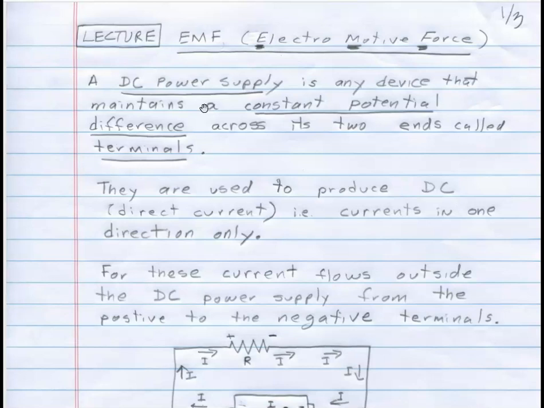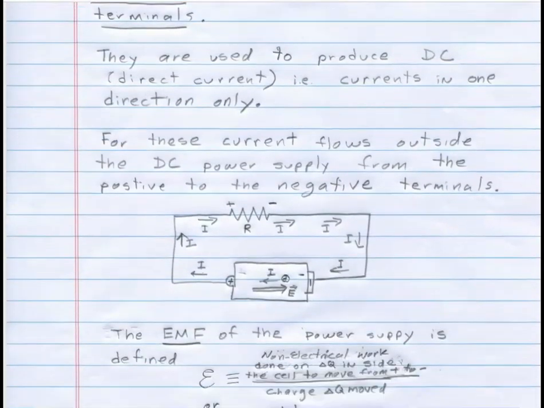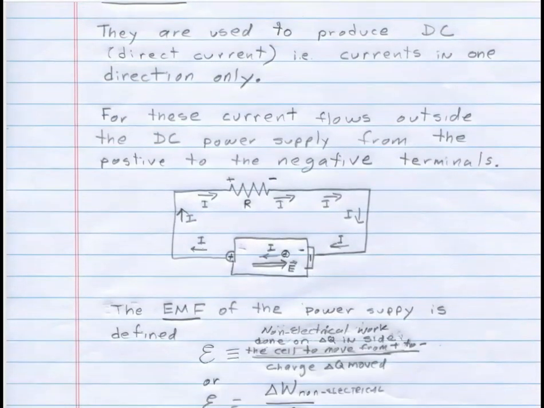All that's required is a constant potential difference across its two terminals. DC power supplies are used to produce direct currents, and remember, direct current is currents that flow in one direction only, so they're always going in the same direction.